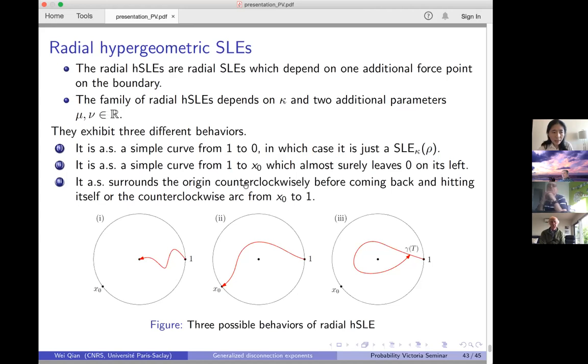And the second case, it would go directly from 1 to the marked point, leaving the origin on its left. And in the third case, very interesting, it will encircle the origin in a counterclockwise way and then hit itself again. So this is a kind of new behavior that we see in SLEs because it is otherwise a simple curve, but it still goes back and hits itself.